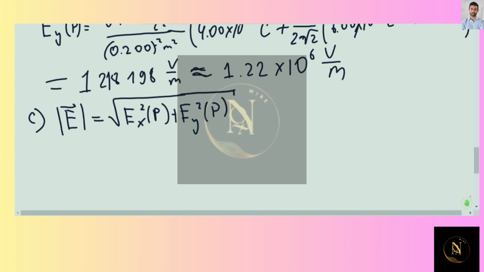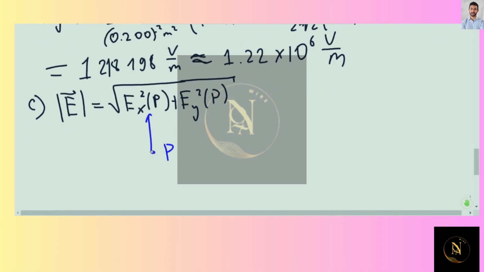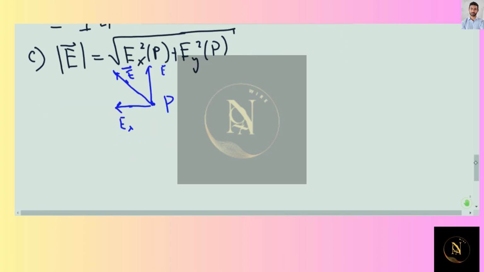Because if we redraw this, let's say this is point P, Y will be directed upwards, X is somewhere here, so E total is the sum of these two vectors, and therefore its length can be calculated as shown here. So let's calculate the number.